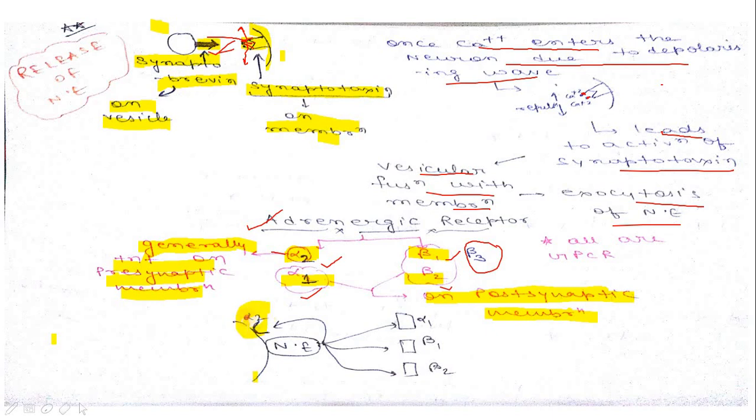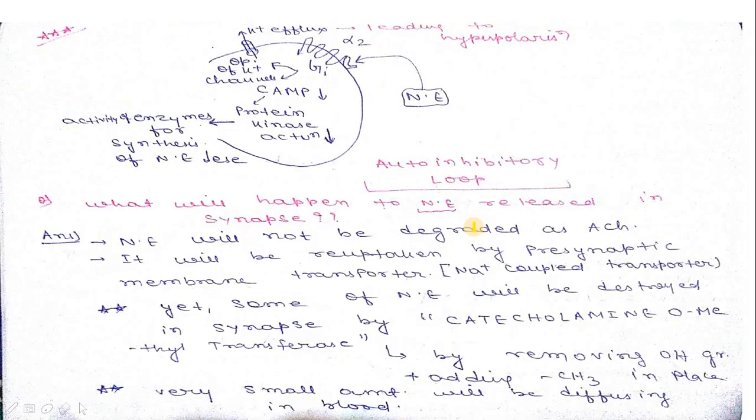The presynaptic membrane has the alpha 2 receptor, while target tissues may have alpha 1, beta 1 and beta 2 receptors. Norepinephrine can bind to all four: alpha 2, and maybe alpha 1, beta 1, beta 2. These are all the receptors of norepinephrine. So we are discussing adrenergic receptors. Clear? Now moving to the next slide.